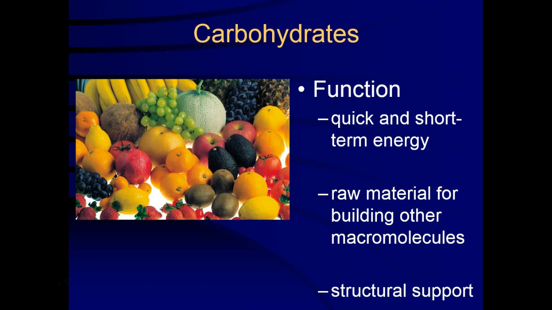So oftentimes it is a raw material for building other macromolecules. Right? So we get those other macromolecules, we get those proteins, we get those fats and oils, right? And we get those carbs from actually going and eating them directly from plants or from animals that eat those plants.